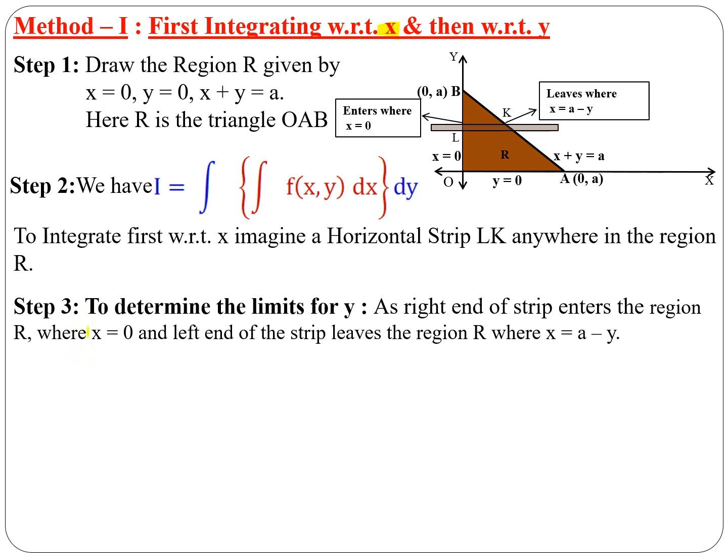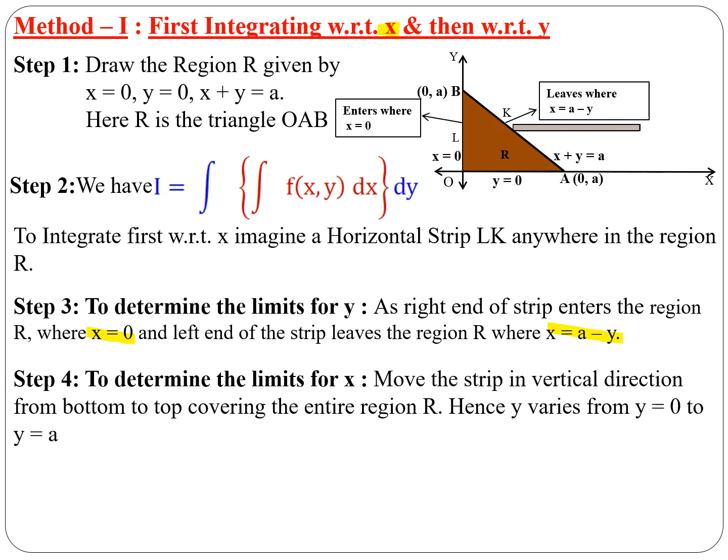So the lower limit of x is 0 and the upper limit of x is a minus y. Now, to find the limit for y, you have to move this strip vertically. You can see it can move from y equal to 0 to y equal to a.